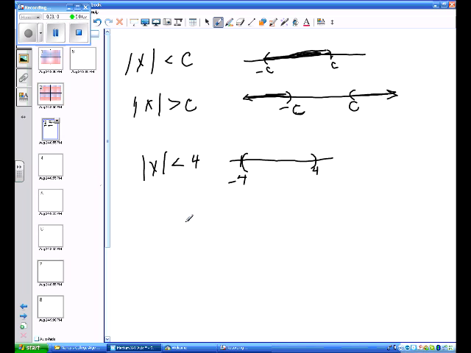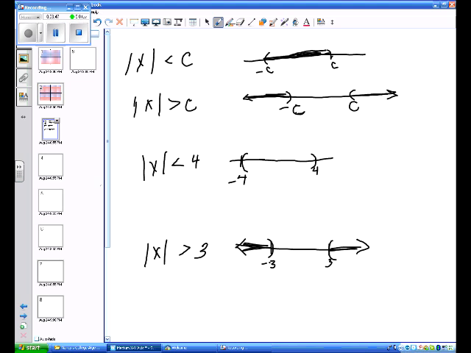So again, if we took the absolute value is greater than 3, then we're wanting all the values with negative 3 and 3 as our borders, whose absolute value is more than that. Those would be the numbers that were less than negative 3 or the numbers that were greater than 3.